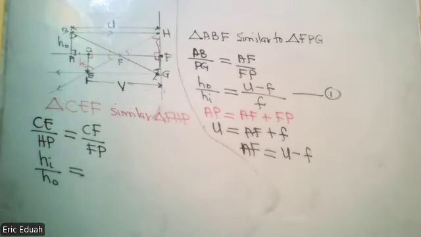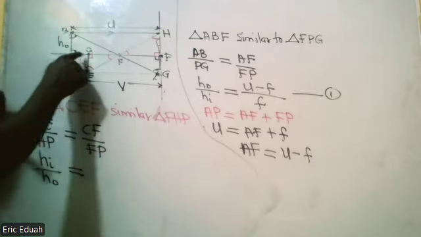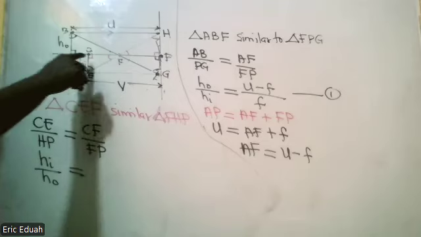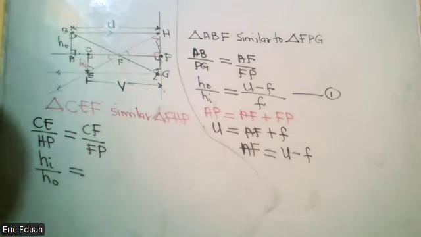I want you to help me determine CF. Class, help me determine CF. This distance, CF. Who is volunteering to tell us? Don't forget, CF is part of the bigger distance CP. So we have CP equal to CF plus FP. So what is CF?